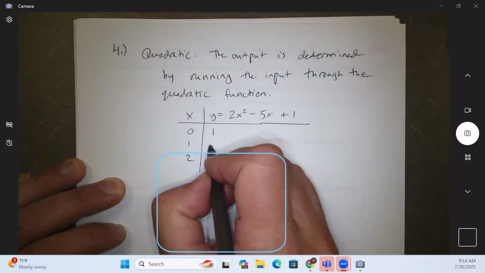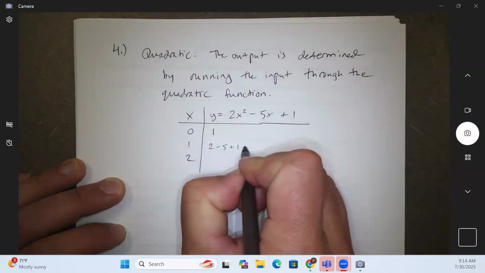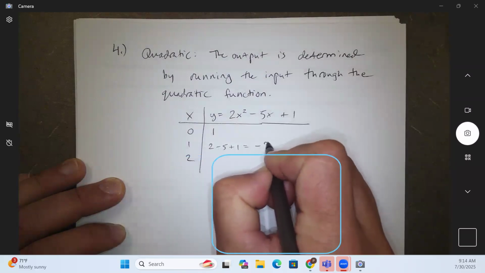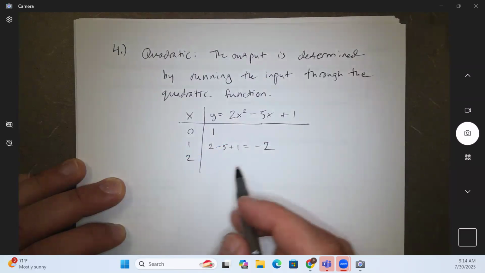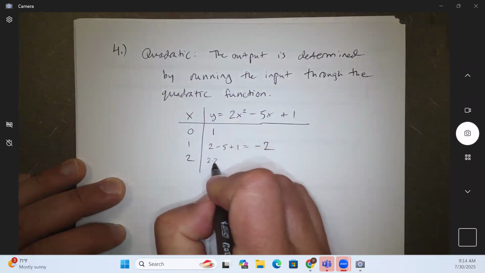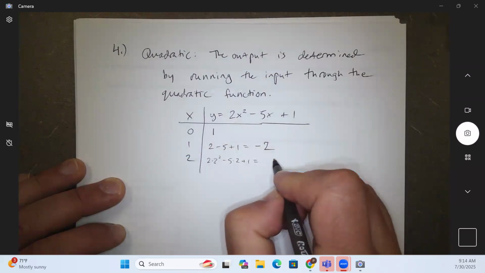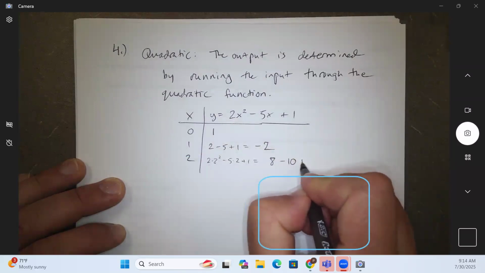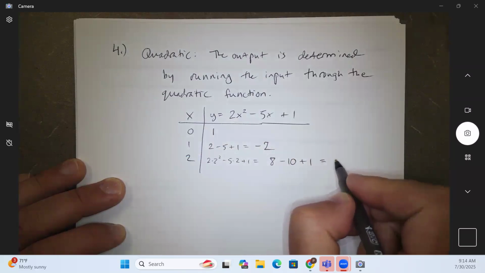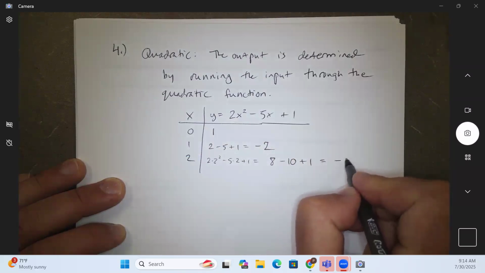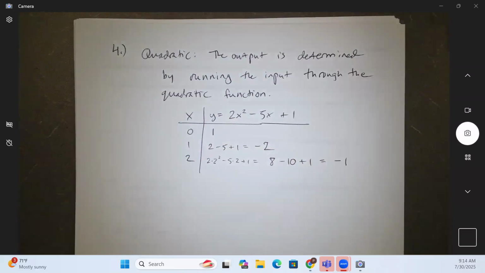When x is 1, we have 2 minus 5 plus 1, which is -2. When x is 2, we're going to have 2 times 2 squared minus 5 times 2 plus 1, which is 8 minus 10 plus 1, which is -1, right? So you just kind of have to crank it through.